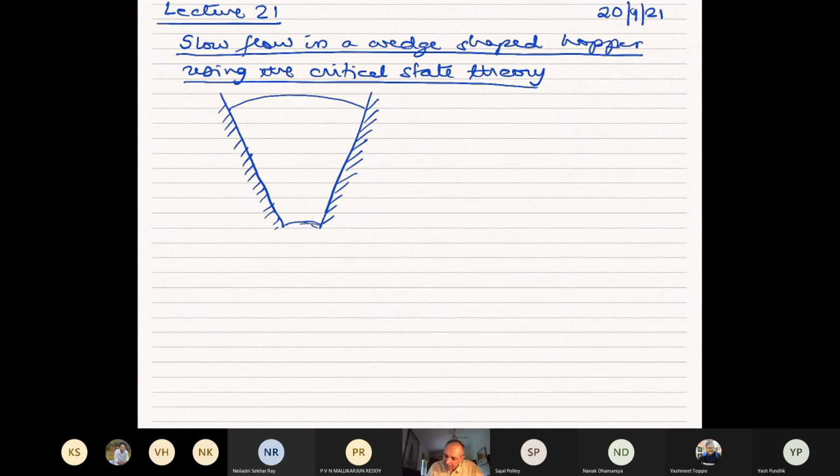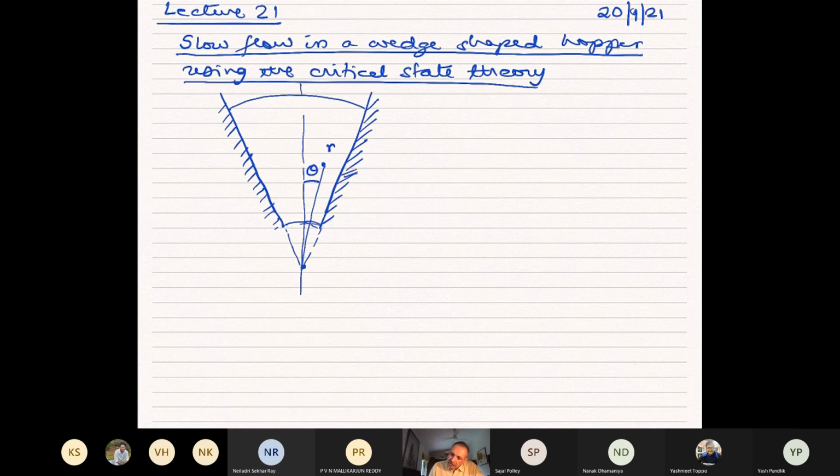Everything is uniform. And we use the cylindrical coordinate system for this, with this as the origin. And let's say this is the midline. Then any point in here we say is at a distance r and at angle theta. And we have taken this whole angle to be theta w.